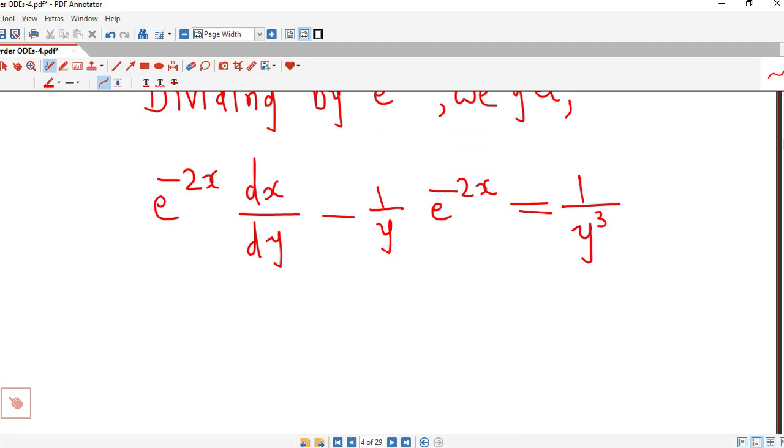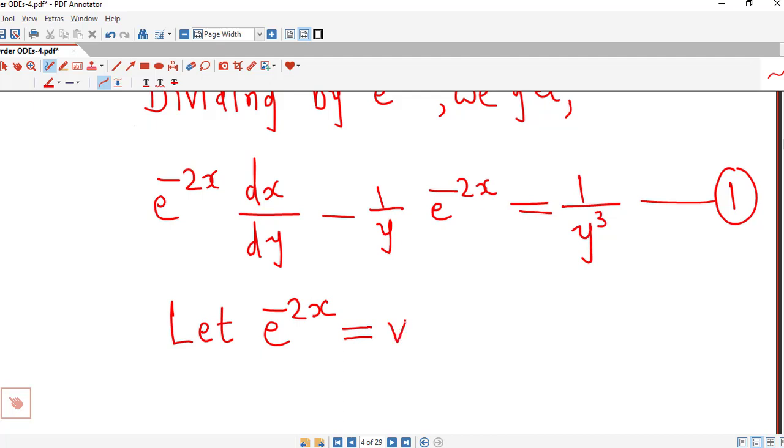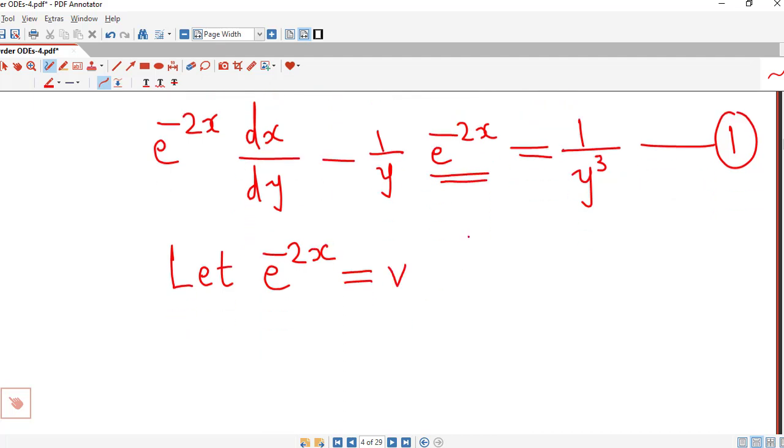So here now we have a function of y into e raised to minus 2x equal to 1 over y cube. We give this number 1, and we can change the dependent variable, which is x, to a new dependent variable, say v, and we consider e raised to minus 2x equal to v.